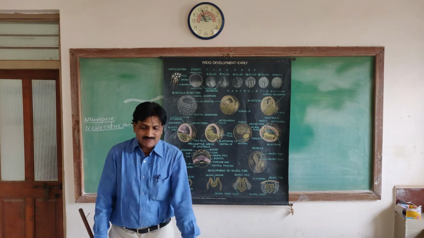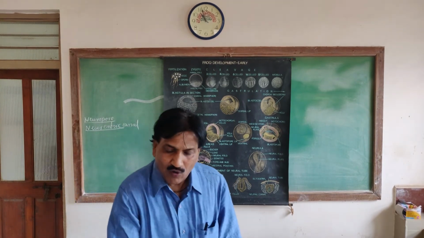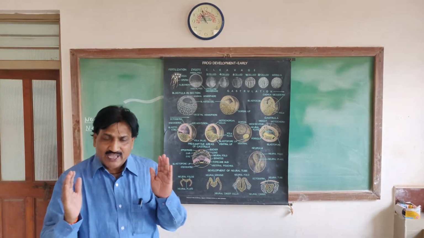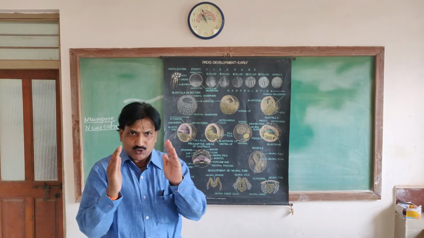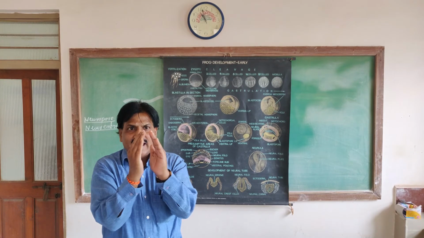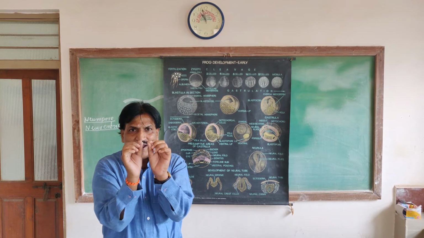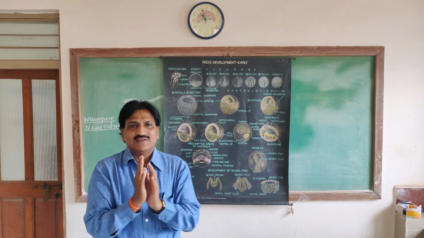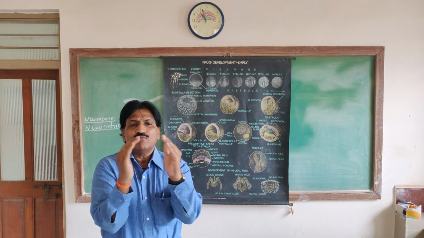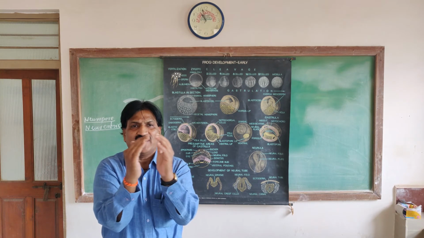Particularly in the case of amphibians, the folds gradually grow towards each other, and at the anterior end we can find a small gap. That means both folds do not fuse together.